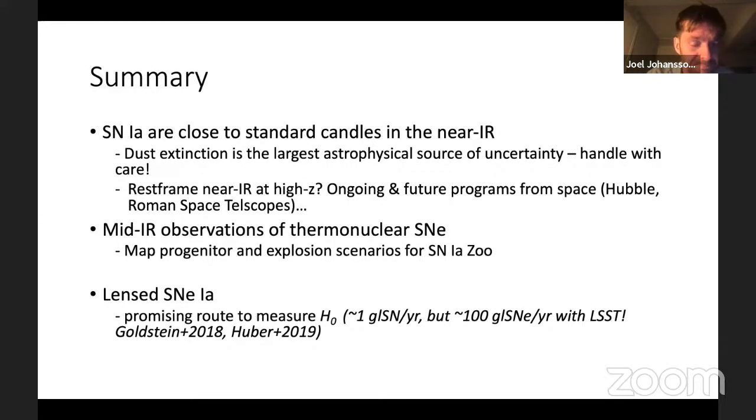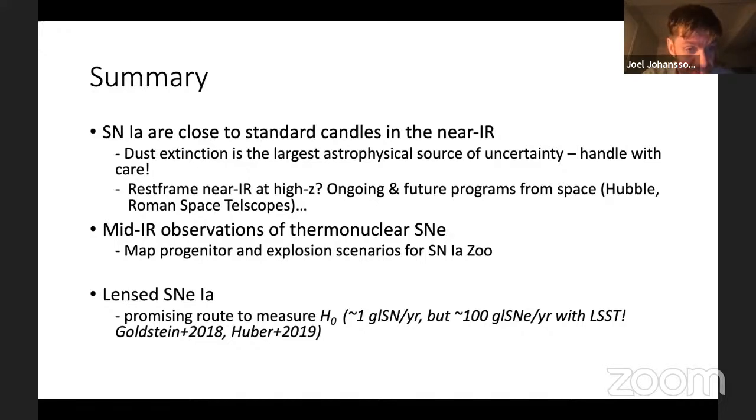I also highlighted a few of the mid-infrared observations that we've done and that we're going to be able to do now with Webb, and the prospects of mapping out different progenitor and explosion scenarios for all these cousins and weirdo siblings of the normal type 1a supernova.